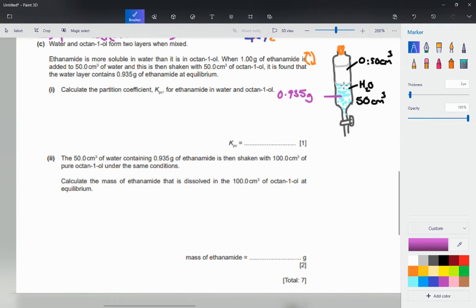Now, immediately, if you started off with 1 gram, this would therefore contain 1.00 take away 0.935 grams. Okay, and that's the ethanamide. And that's at equilibrium. Okay, so the equilibrium that's taking place is over here. Okay, at the interface. Calculate the partition coefficient for ethanamide in water and octan-1-ol.